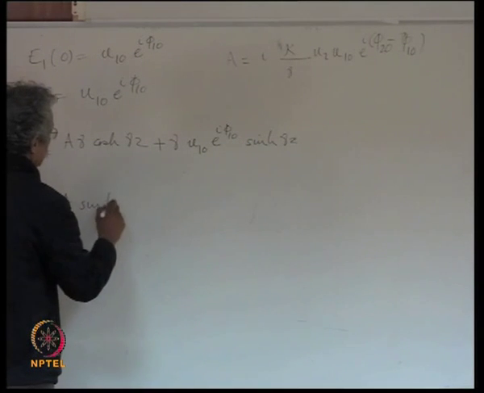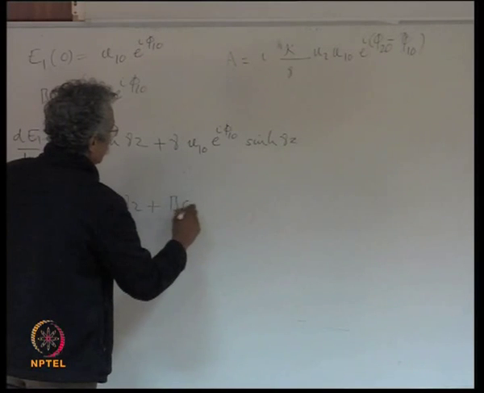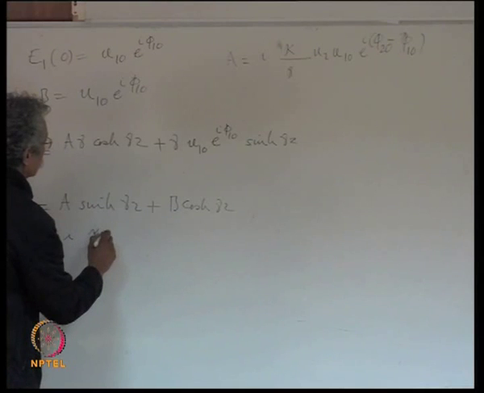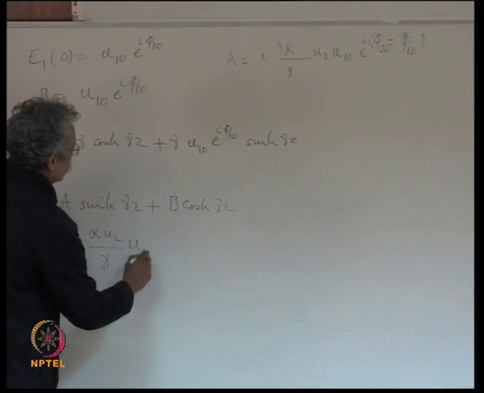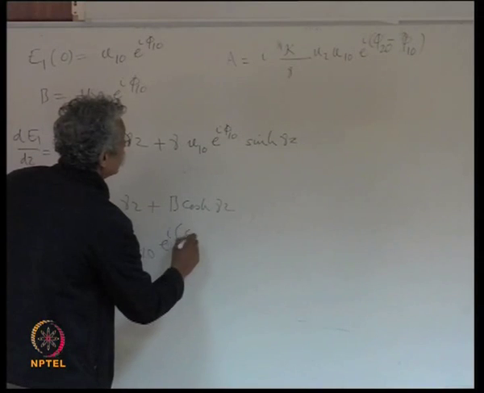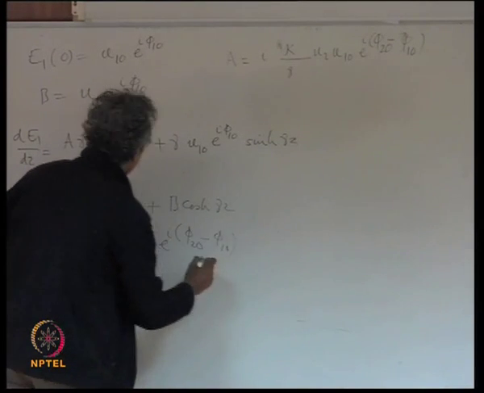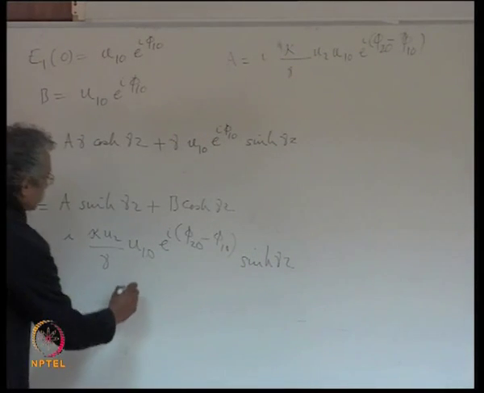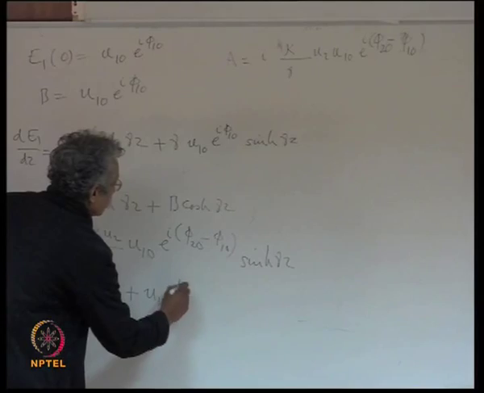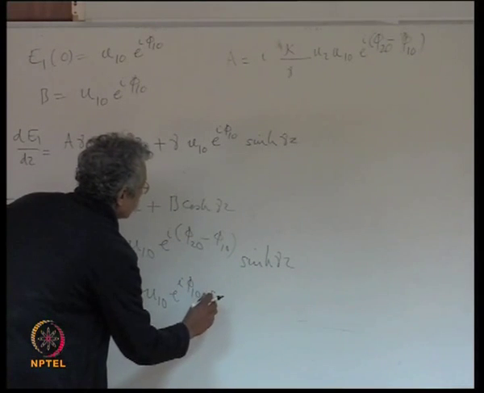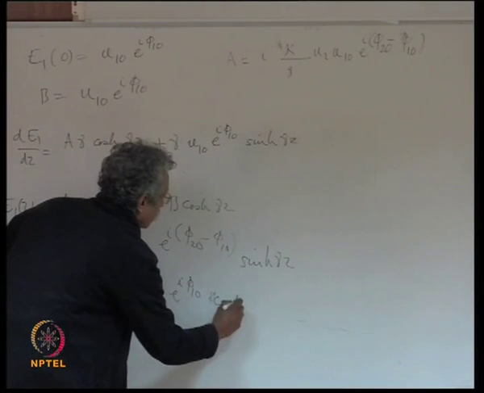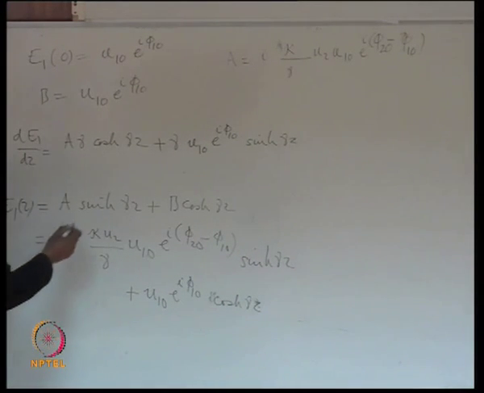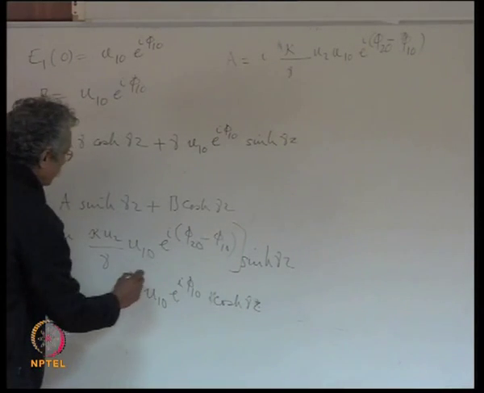A sinh gamma Z plus B cosh gamma Z. So A is i kappa U2 by gamma U1 0 exponential i (phi 2 0 minus phi 1 0) sinh gamma Z plus U1 0 e to the power i phi 1 0 cosh gamma Z, substituting the values of A and B.